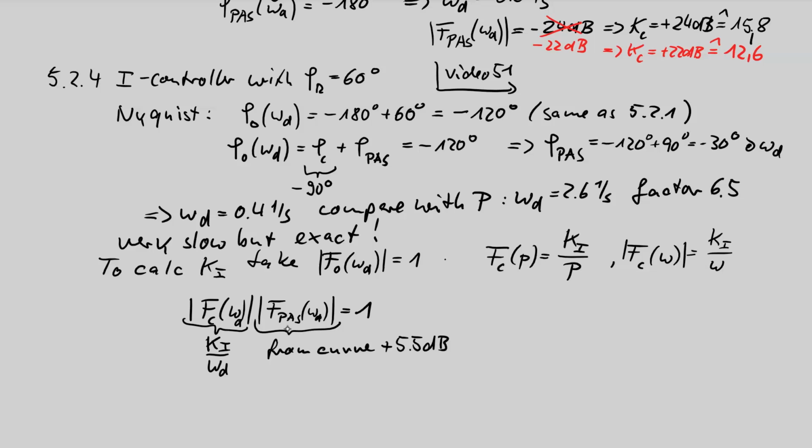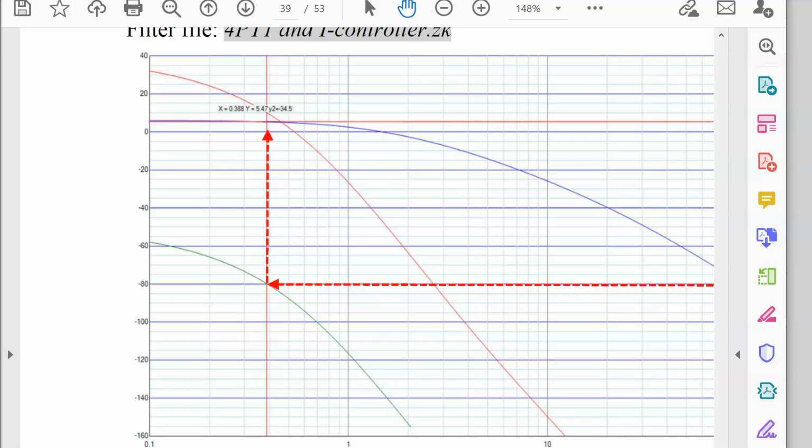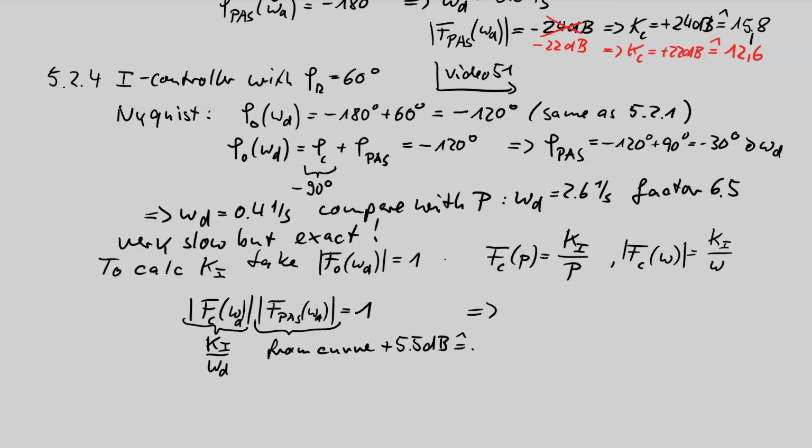So we can solve this for Ki. The equivalent of 5.5 dB we can find in my paper is 1.88.